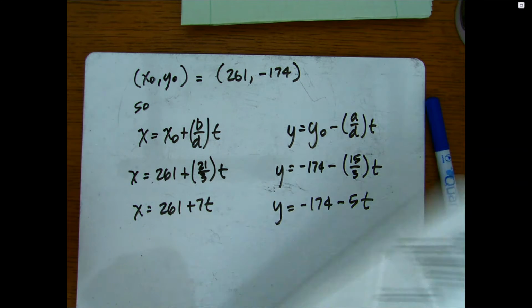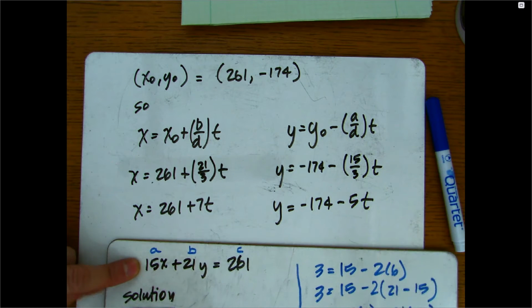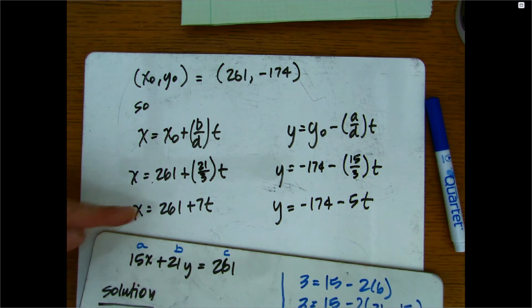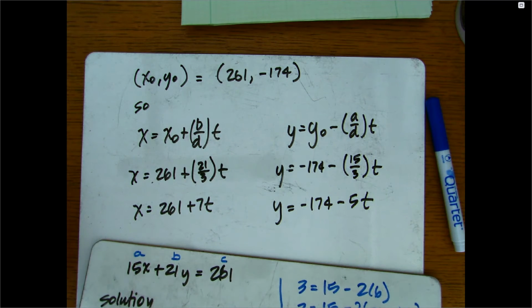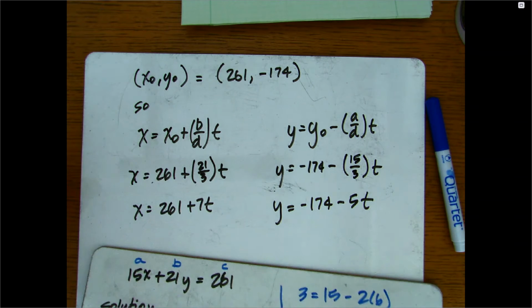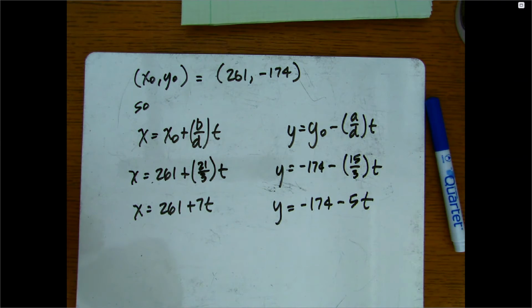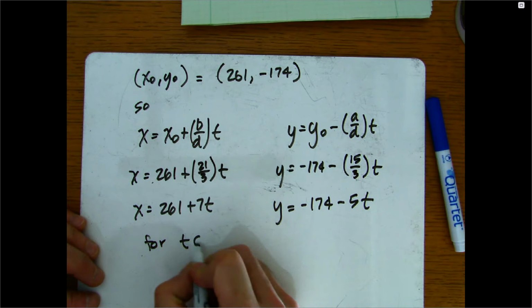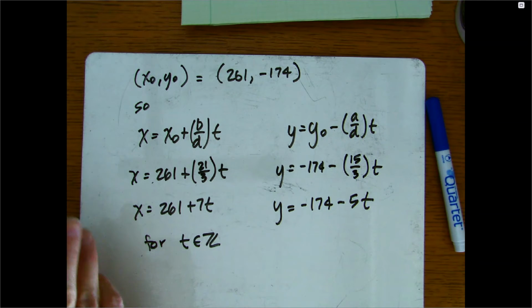So in other words, when I'm given 15x plus 21y equals 261, then 261 comma negative 174 is one solution, and then for every t in the integers, there is another set of solutions, so an infinite number of solutions.